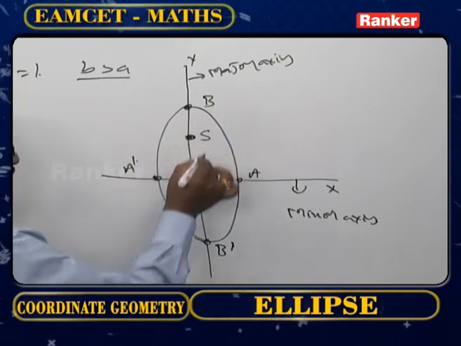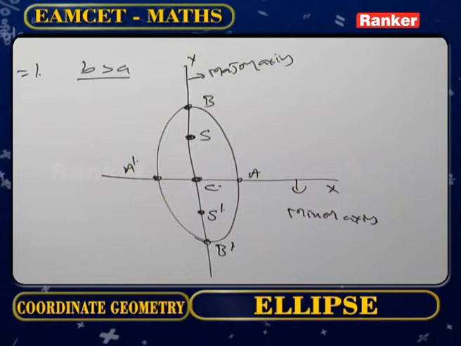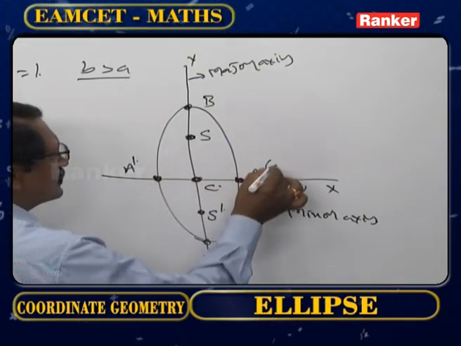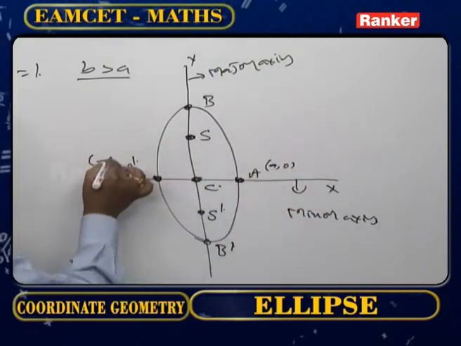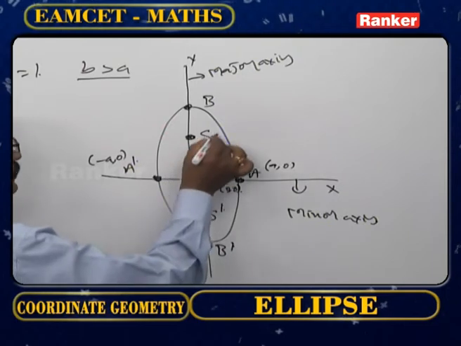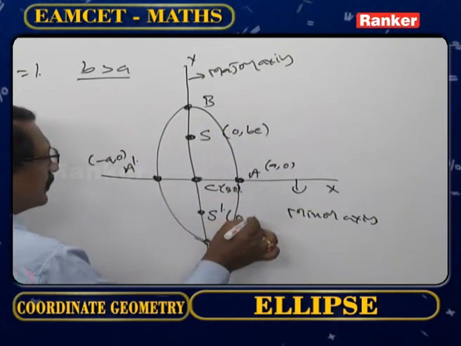The foci of the ellipse lie on the major axis, the y-axis. In that case, the ends of the minor axis are (a, 0) and (minus a, 0), and the center is (0, 0). One focus is (0, be) and the second focus is (0, minus be).